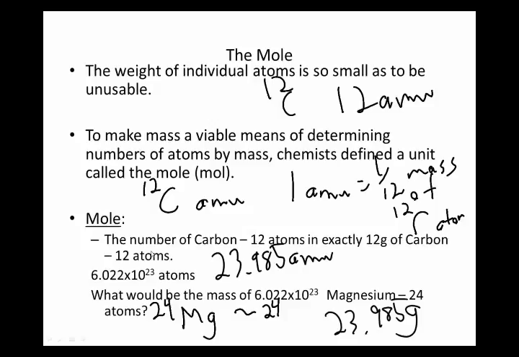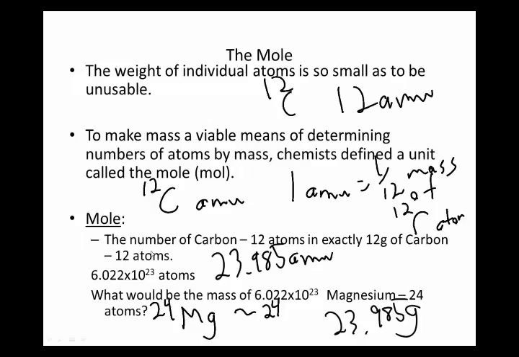This is actually the significance of the number, the mole: it is the number of atoms of a thing needed to have a mass in grams numerically equivalent to the mass of the individual thing in AMUs. I'll say that again. A mole is the number of things you need so that the mass of that collection, that mole of that thing, is in grams numerically equal to the mass of the individual in AMU.